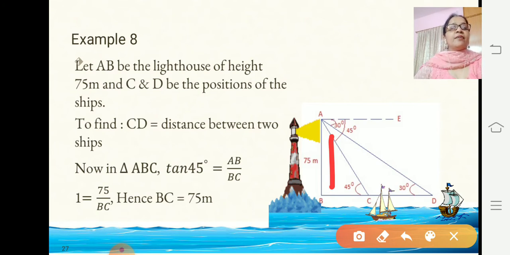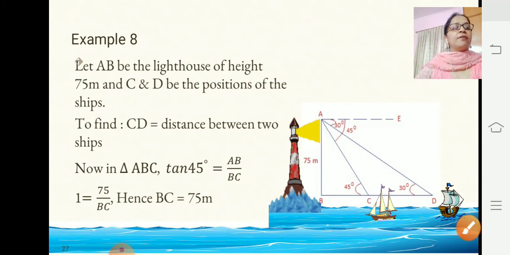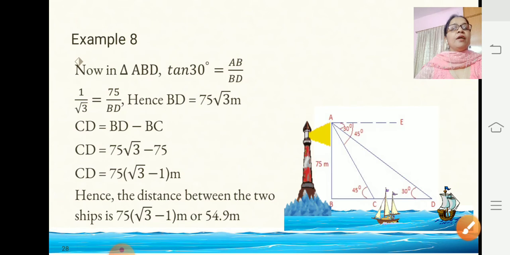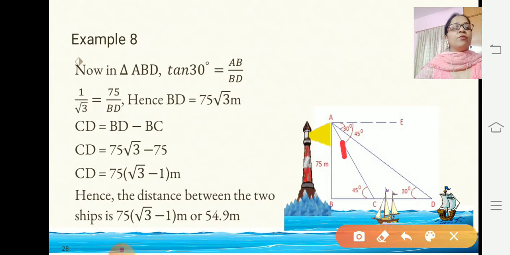So we take the triangle ABC, we take tan 45 equals to AB by BC. So your BC is also equal to 75 meter. Now in triangle ABD, this big triangle you take, and you take tan 30, which will be AB by BD.